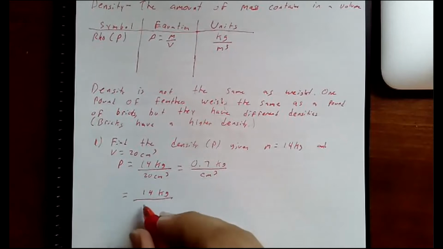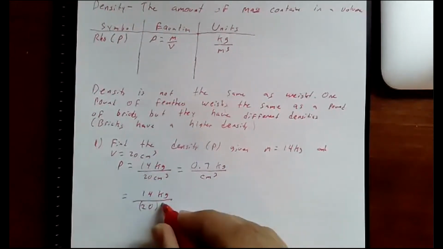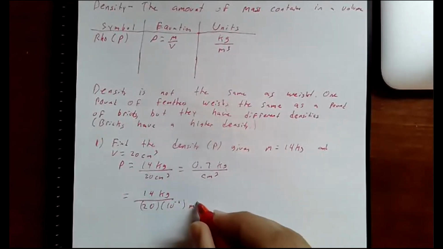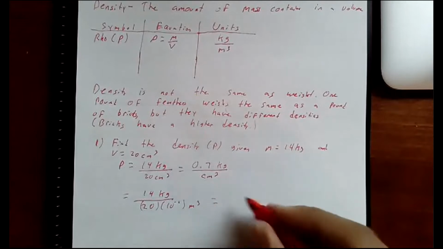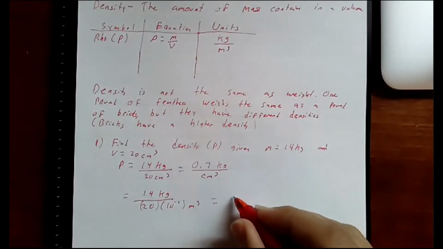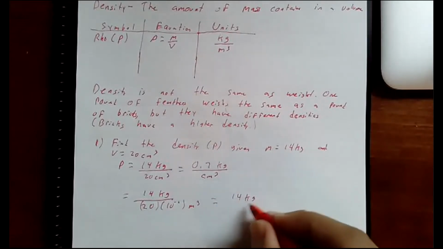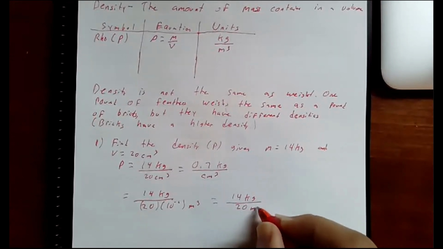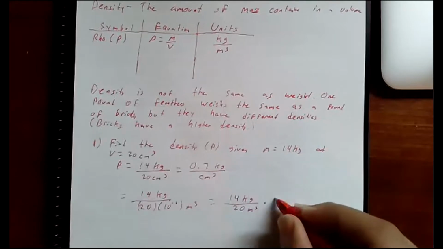Excuse me. So C should be 20 times 10 to the negative 2 meters cubed, which would be 14 kilograms over 20 meters cubed, and I can bring that 10 up top, right, using our math skills.